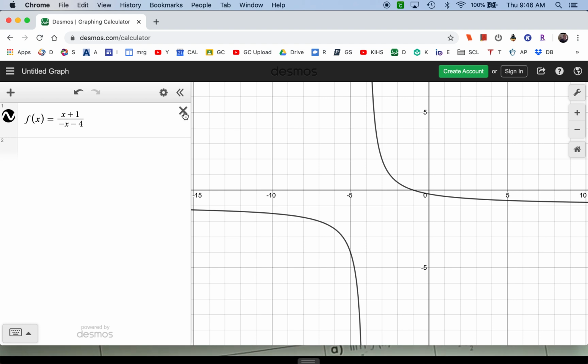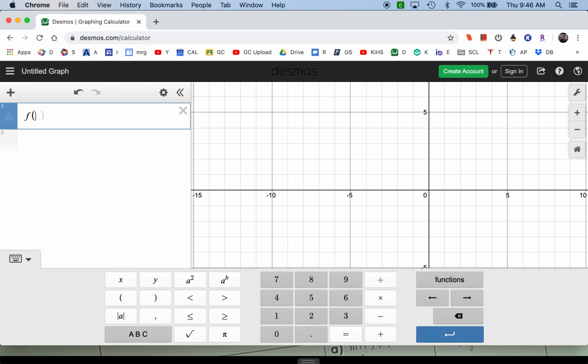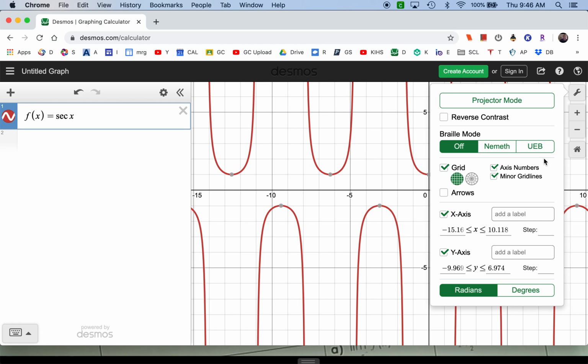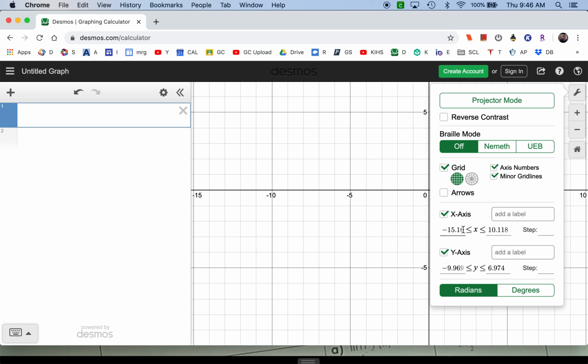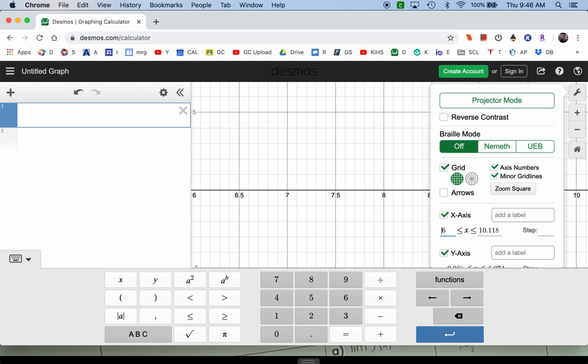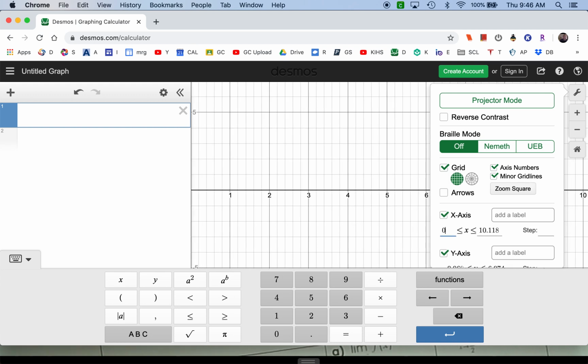Number 6. It's just secant x. And then what's happening at pi over 2? I wonder what would happen if I change my scale. It's going to change the x value from 0 to pi.